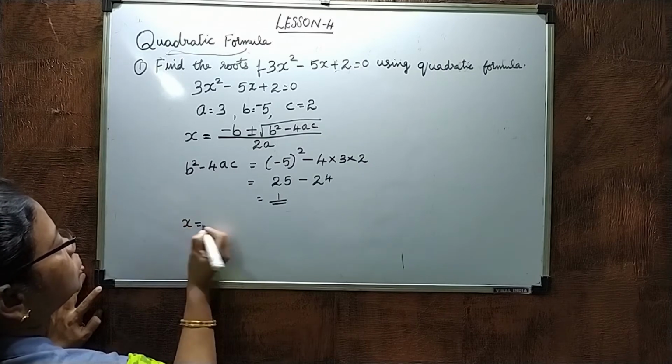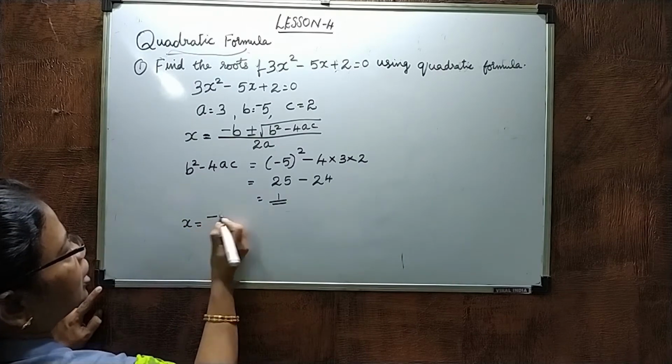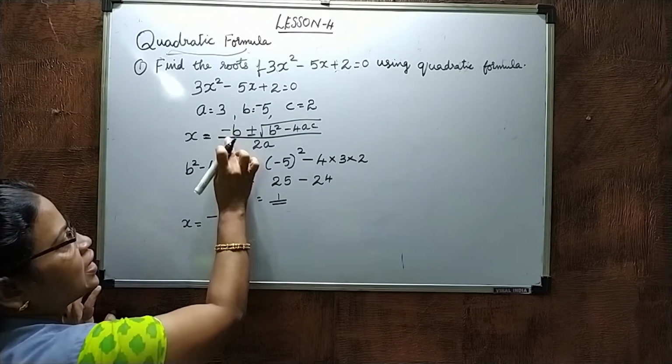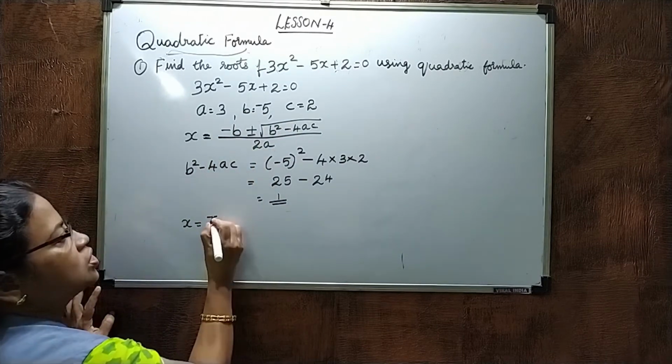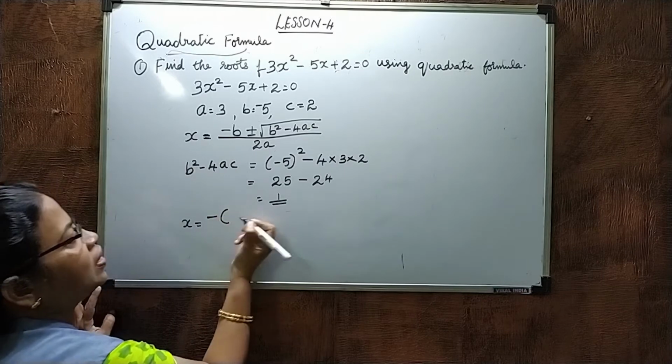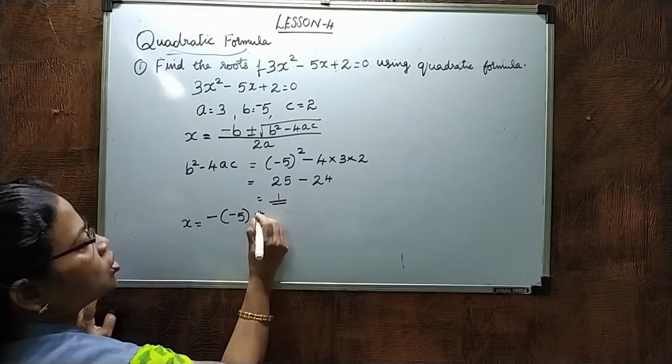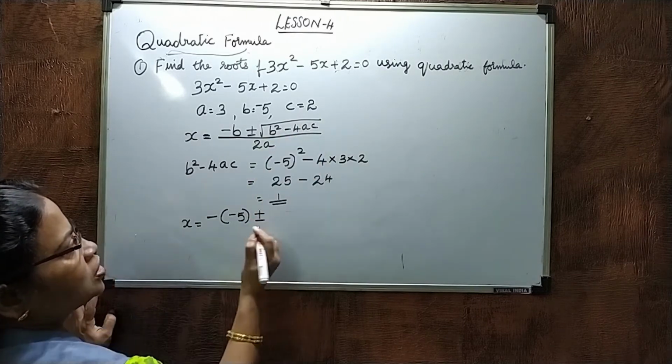So we will start now. X is equal to negative b. Already we have a negative sign there, so this negative sign is extra. So minus or negative, then b is negative 5, plus or minus root of b square minus 4ac.